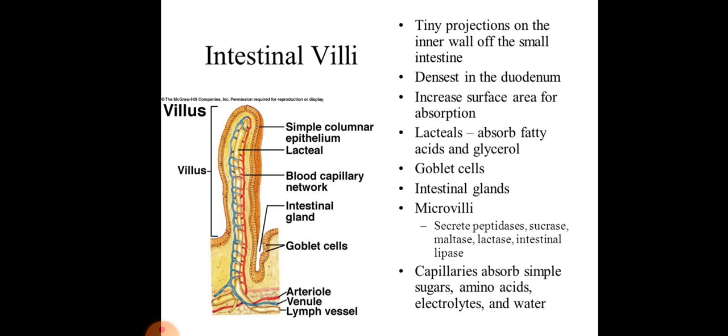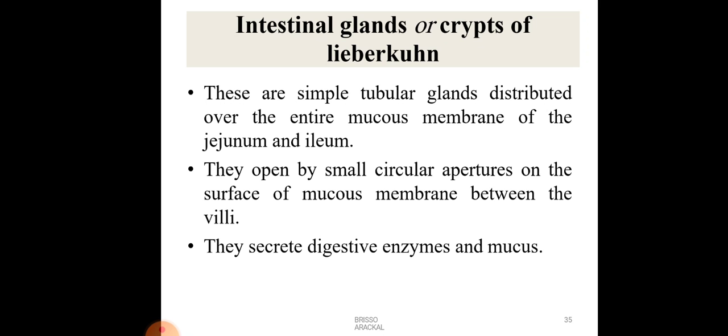They have goblet cells for secretion of mucus, and they have the intestinal glands. They possess microvilli, which secrete peptidases, sucrase, maltase, lactase, and intestinal lipase. Then they have capillaries which absorb the simple sugars, amino acids, electrolytes, and water.